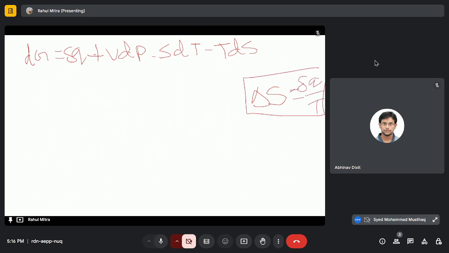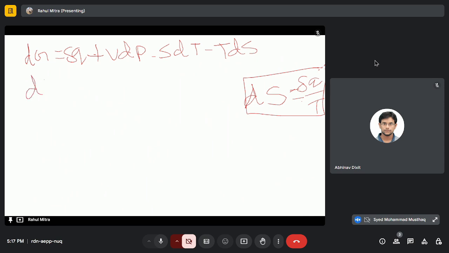So this is the relation. Entropy was first observed experimentally in terms of heat energy and temperature. So dS equals dQ by T, and dQ equals T dS.